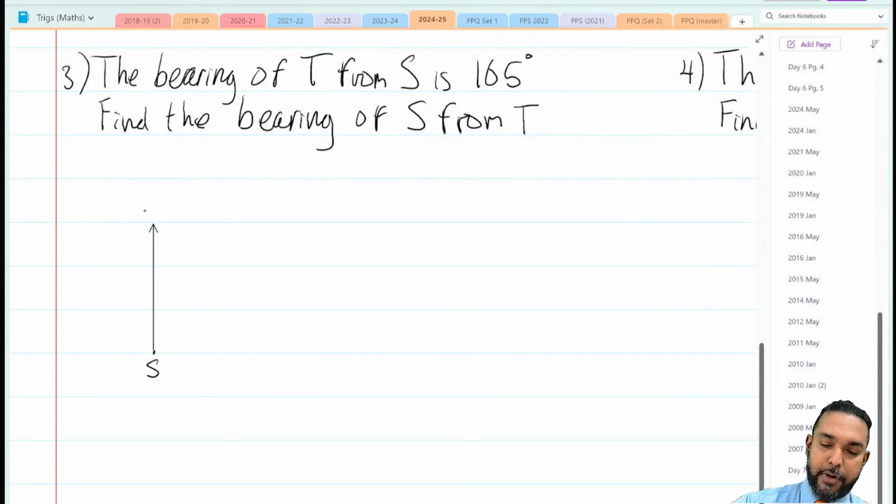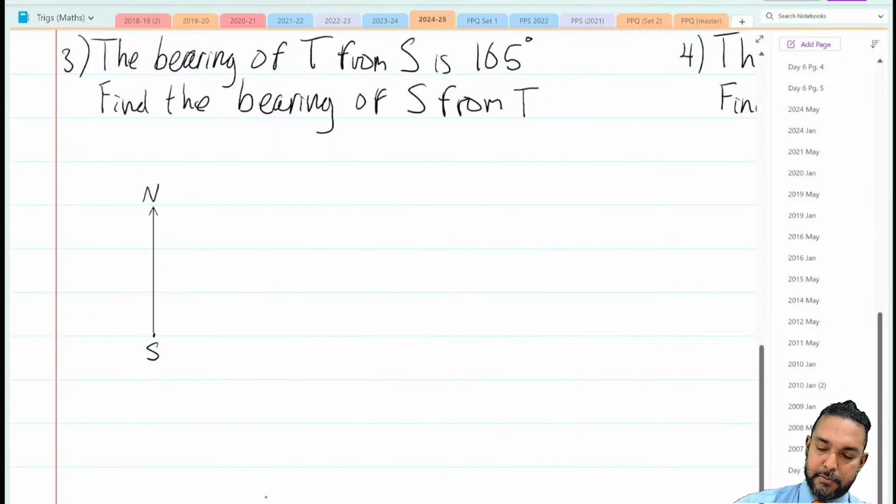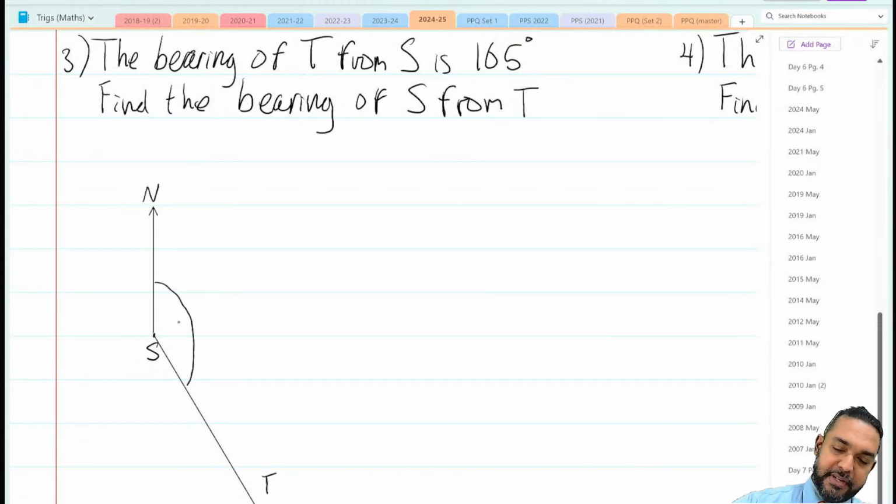Let's get a north line going at S. 165 is somewhere down here. Let's call that T. So that whole angle there is 165.